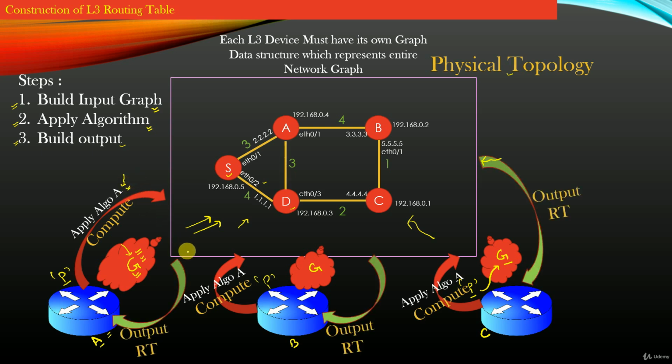In this case, the output is nothing but an L3 routing table. So the output of applying this algorithm on the local graph data structure which the device has built in its local memory is the routing table, right?